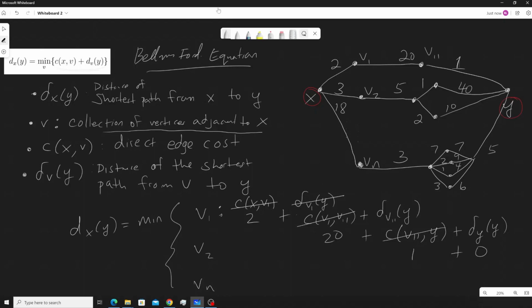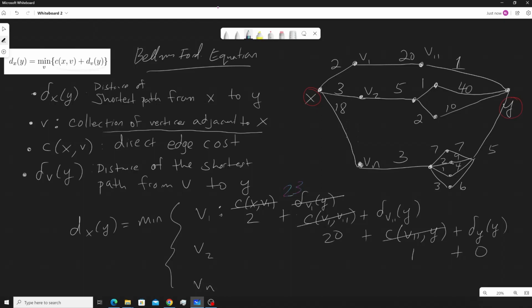Of course you could have just added the edges up, but going through this process is going to be helpful because we're going to do the same process, and this time there's a fork. So for v1, which was the easy one, the answer is 23, and all of this collapses down into 23.